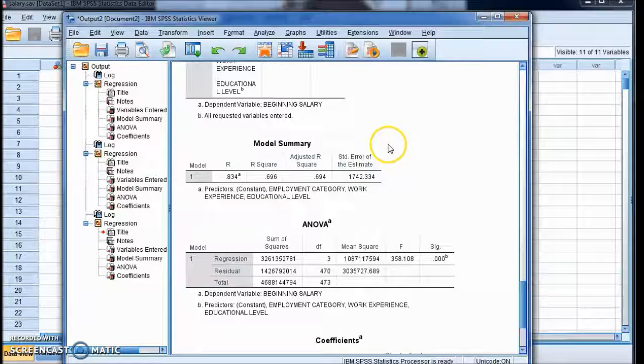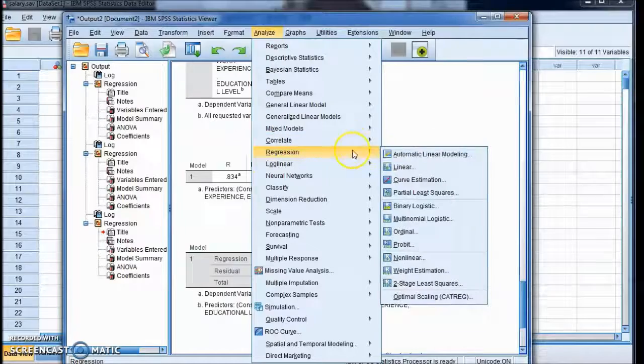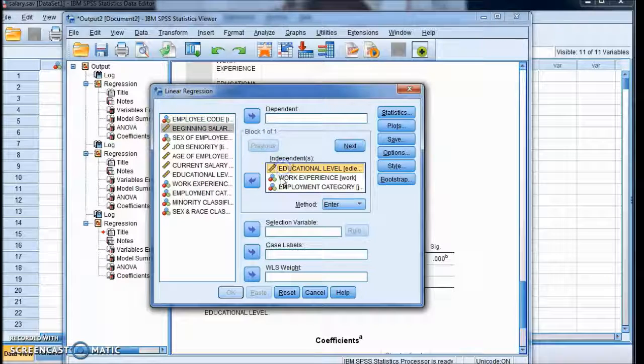So to review, to get a regression equation, you go into Analyze, you go down to Regression, you choose Linear. I'm going to get rid of all of these so I can show you again. You put into the dependent box the variable that you are trying to explain.